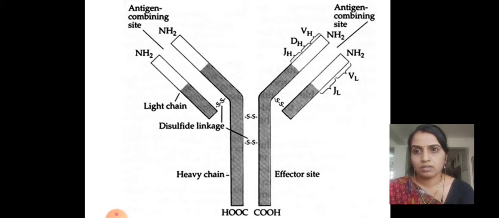So here the light chain or heavy chain is there with dark and light patches. These light patches are nothing but the variable regions, whereas the dark patches on both the light and heavy arms are the constant regions. These variable sites are present at the tips and they are also called antigen combining sites or antigen joining sites.